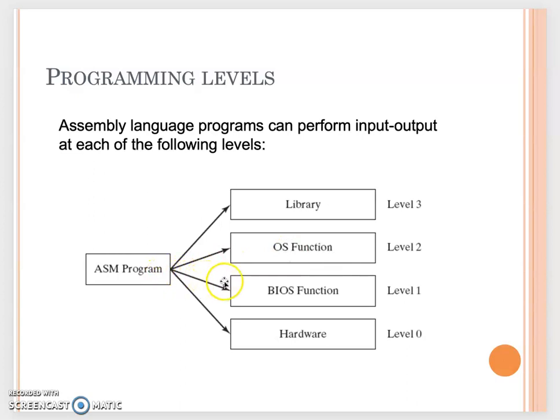Then we need to communicate with the BIOS function. Then assembly language translates into the machine code, and then the hardware will work. So you can see assembly language is involved in all the levels when we run from software to the hardware.